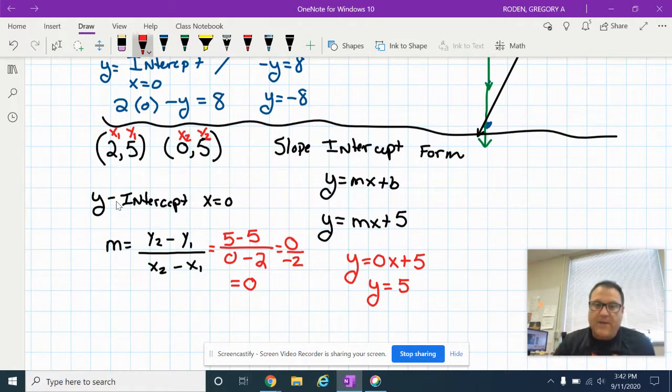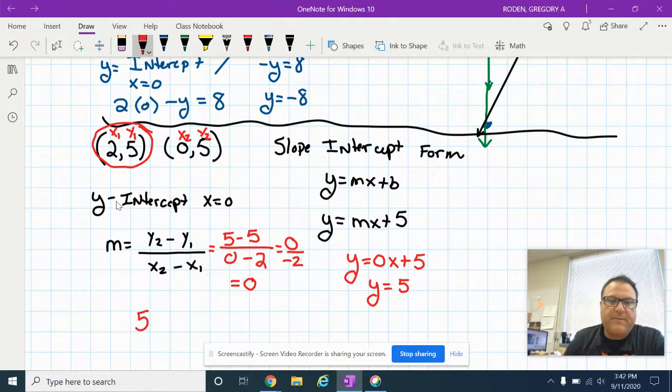Now, could we have gotten this by plugging one of these points in and solving for m? I think we could have. So let's take a look at that. Let's say we plug in this point and the b that we know is 5, and let's see what we get. So instead of a y, we can temporarily replace it with a 5, this y value, equals, instead of an m, well, we don't know m. Instead of an x, we can temporarily replace that with a 2. And instead of b, we already knew that was 5, right?